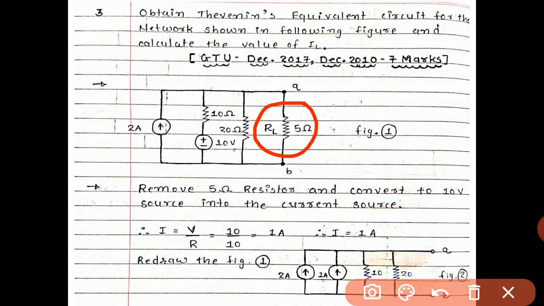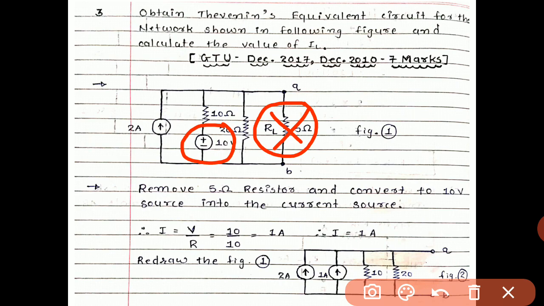So friends, what is our first step? Our first step is to remove the 5 ohm resistor and convert the 10 volt source into a current source. Initially we have to remove the 5 ohm resistor from the main diagram, and we have to convert this 10 volt source into a current source.